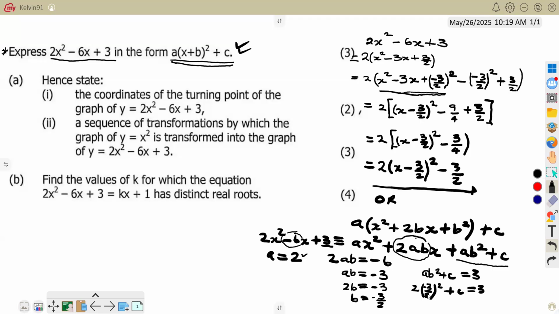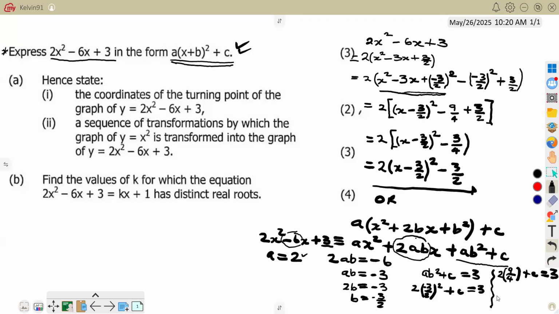But if we check this, we can simplify it. We will have 2, then that one becomes in bracket 9 over 4, plus c being equated to 3.